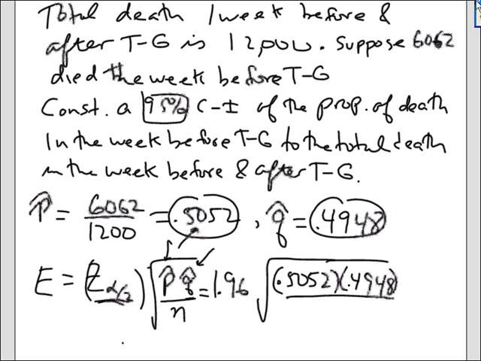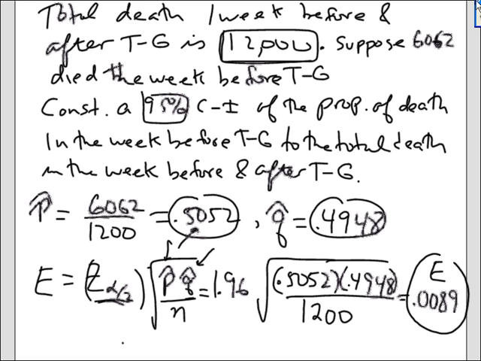Divide this by n, which is the 12,000 deaths before and after. And you will come out with 0.0089.